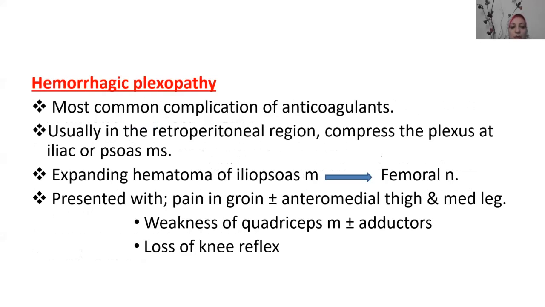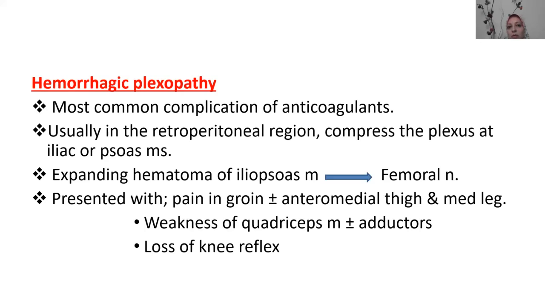Hemorrhagic plexopathy is the most common complication of the usage of anticoagulant medication. Usually, the hemorrhage occurs in the retroperitoneal region and can compress the plexus through the iliac or psoas muscles.